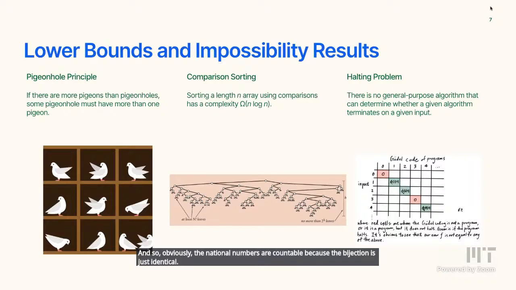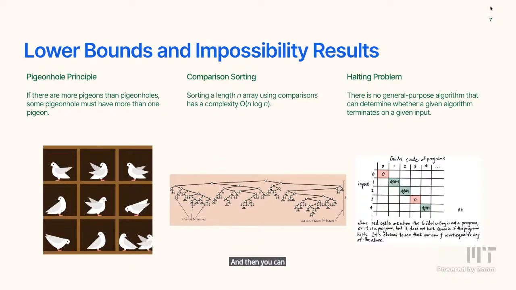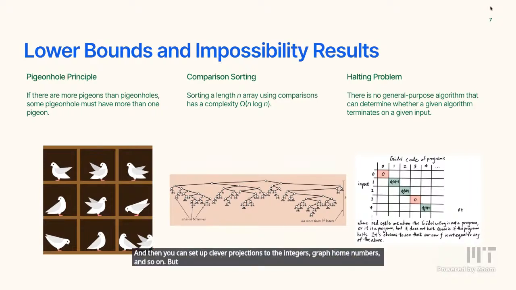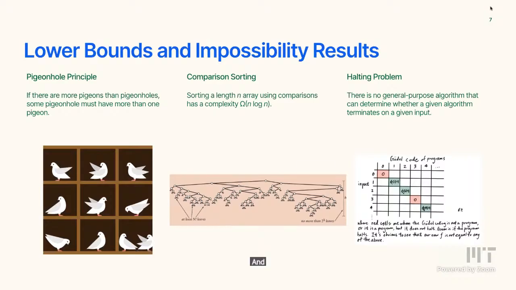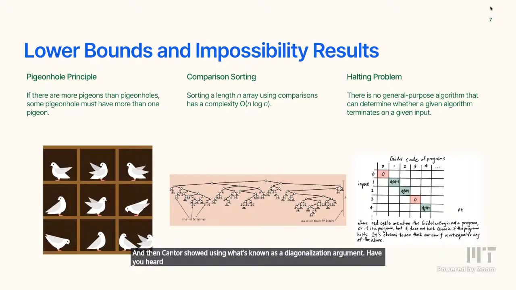And then you can set up clever bijections to the integers, the rational numbers, and so on. But then we did the next step, the irrationals, and for a long time it was believed that they could also be counted. And then Cantor showed, using what's known as a diagonalization argument, have you heard this term?